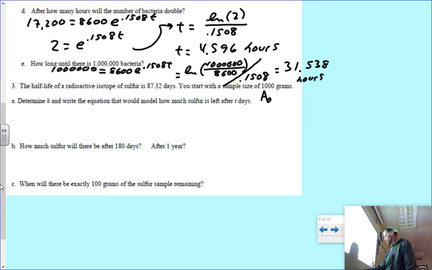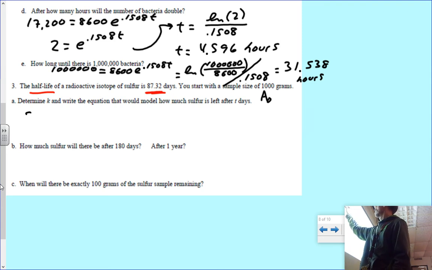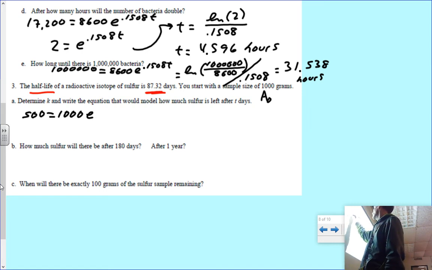But it is important we know what it means to be the half-life. Well, that means when this much time has passed, then there's going to be half of the amount of stuff we have left over. So to find k, we can say 500, half of the initial, half of 1,000, equals 1,000 e to the k times 87.32. Divide by 1,000 on both sides, so you've got 1/2, 500 over 1,000.